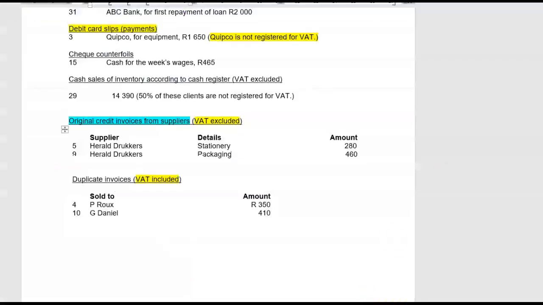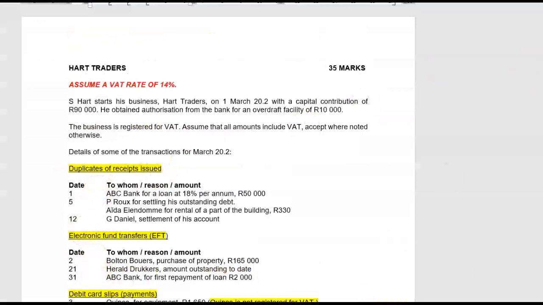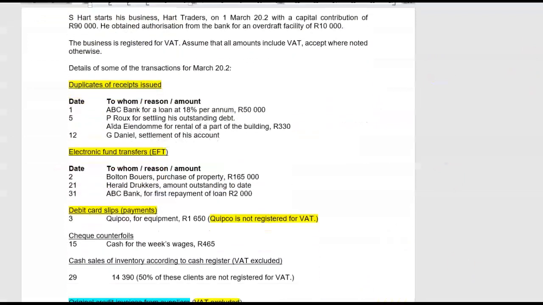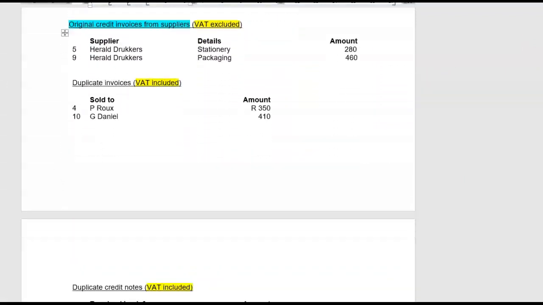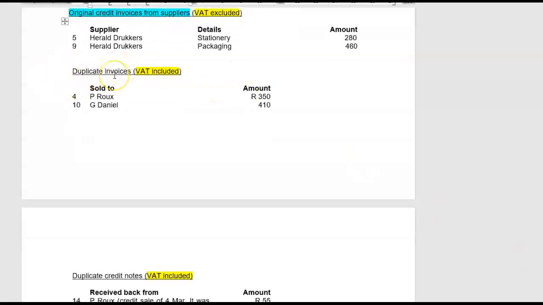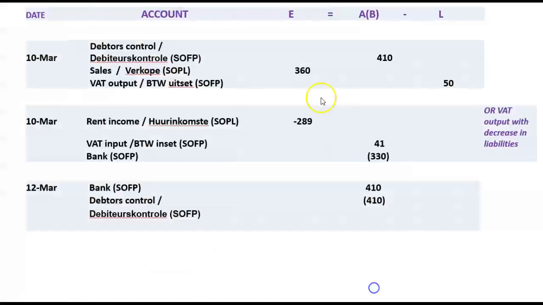The next transaction will be on the 10th. On the 10th, we have issued a duplicate invoice to G. Daniel for 410 Rand. So that was a sales transaction that occurred.